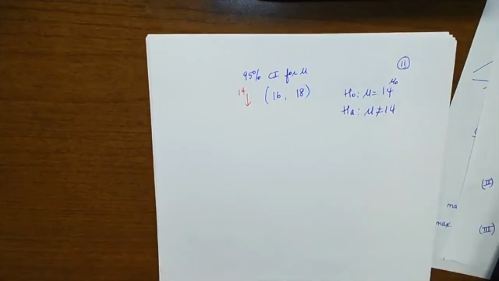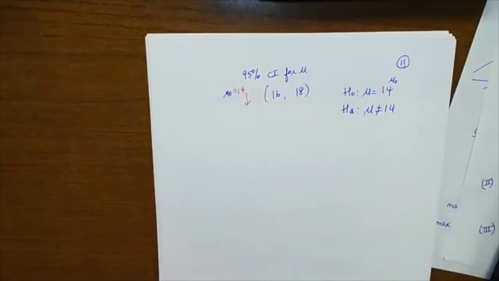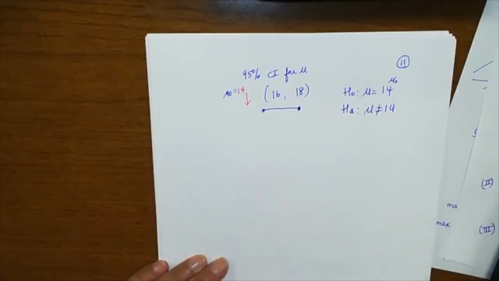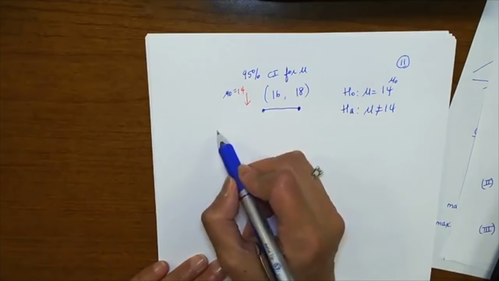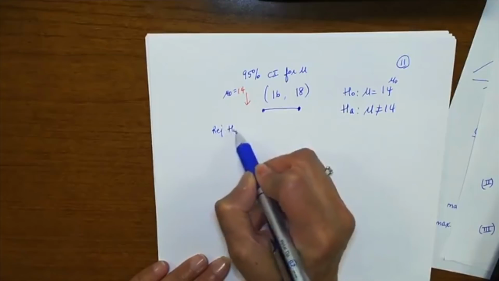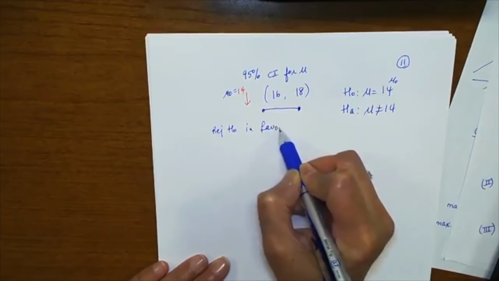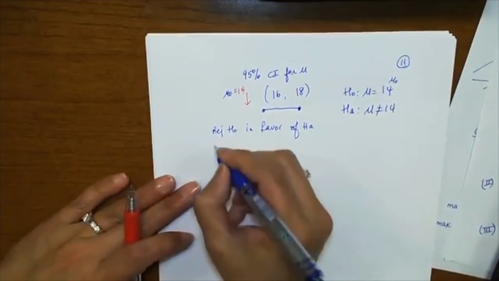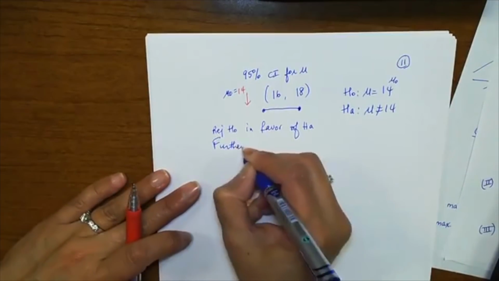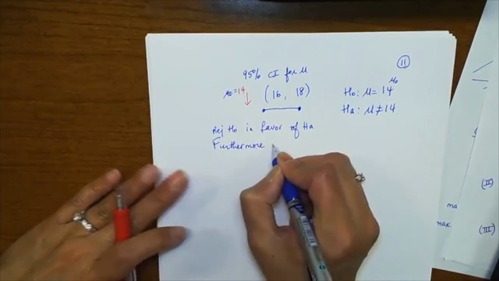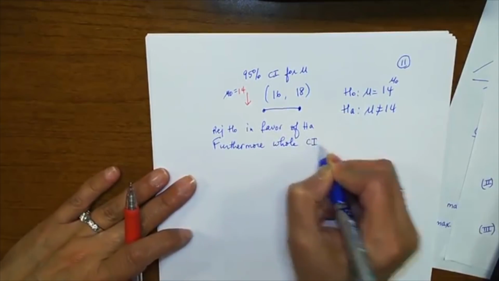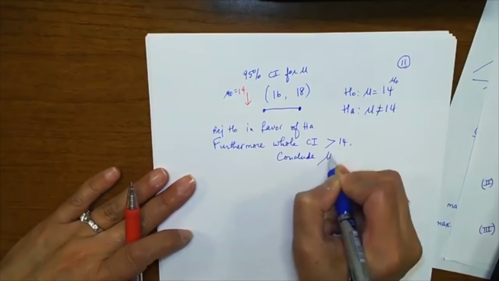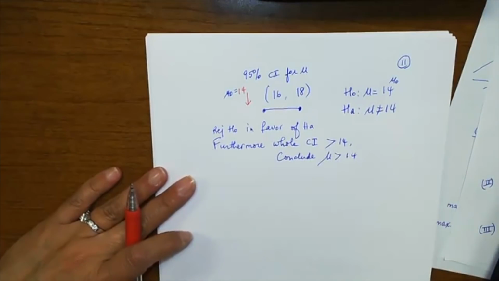This is mu naught. And the whole confidence interval is larger. So reject H naught in favor of HA. And then furthermore, the whole confidence interval is greater than 14. Therefore, conclude that mu is greater than 14.